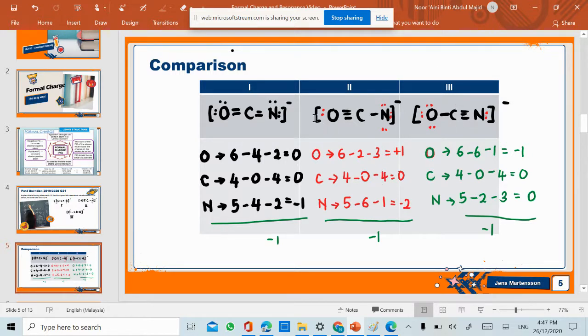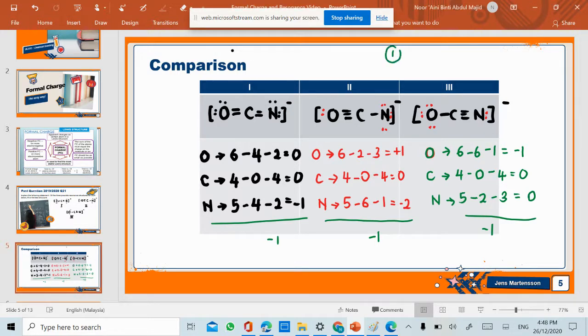Okay, what is the difference between structure 1 and structure 3? Look at the numbers. 0, 0, negative 1. And here is also 0, 0, negative 1. Of course, 1 and 3 are actually plausible if we refer to the first characteristic. What is the first characteristic?